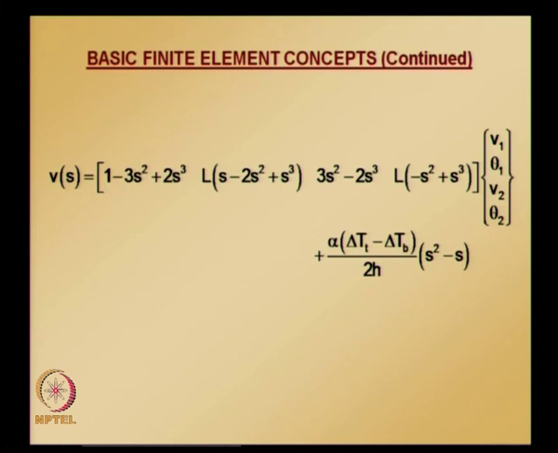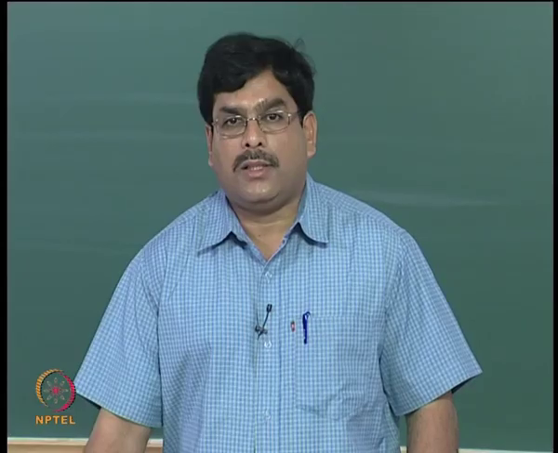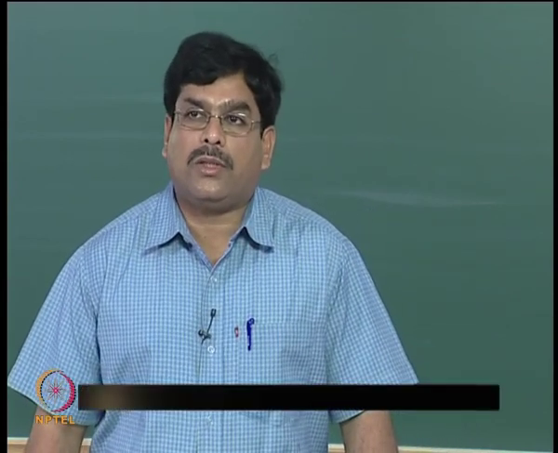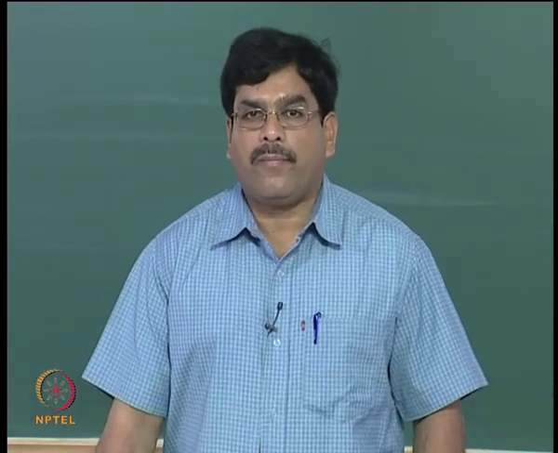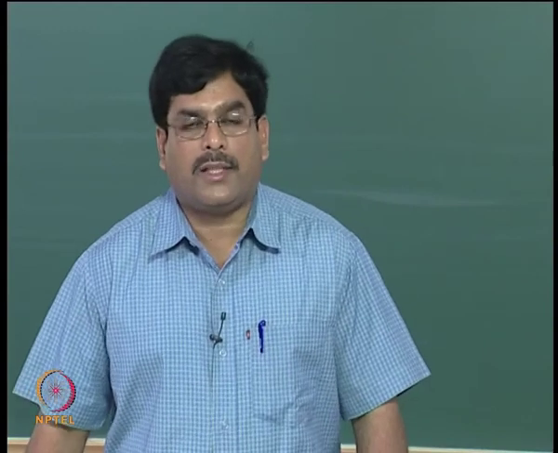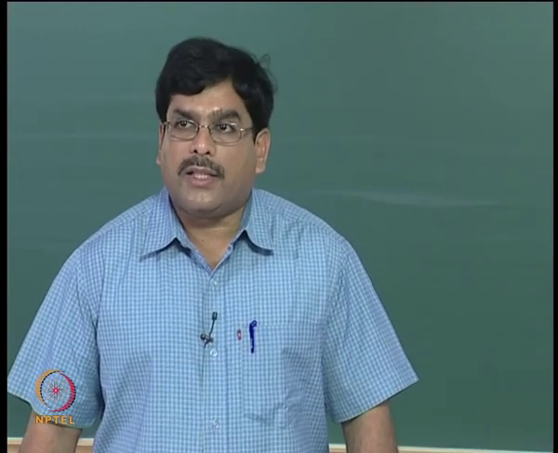Here the fixed end solution is nothing but the beam is trying to undergo some curvature because of the temperature difference of the top surface and bottom surface, and it is restrained, and so we know how to calculate curvature and also moment, and this fixed end solution for displacement is obtained by integrating curvature twice and substituting the value of displacement at s equal to 0 and s equal to 1 as 0, we get this fixed end solution.